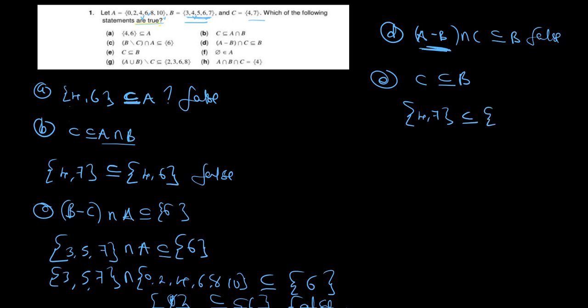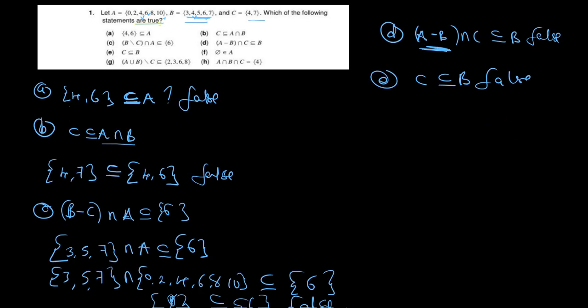So let's list for B. Are they the same? B has 3, 4, 5, 6, 7, like that. Are these the same? No, the answer is no. So you say this is false again. You can't have those things common like that. Okay, that is it. So we have E.